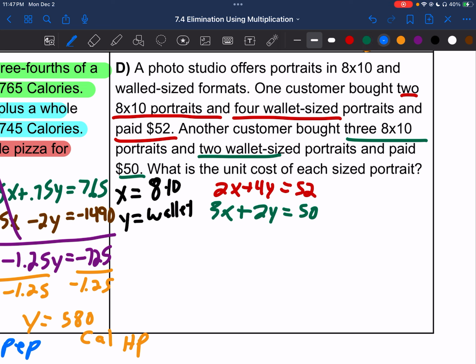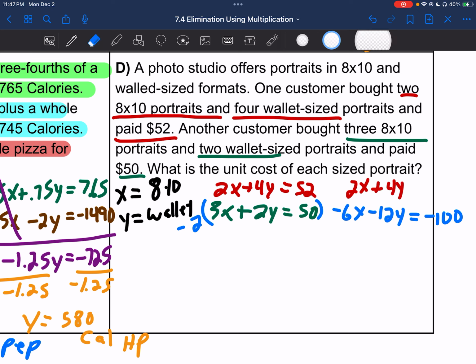So we are going to multiply this bottom equation by -2. So I'm going to get -6x minus 12y equals -100. My first equation remains the same at 2x plus 4y.